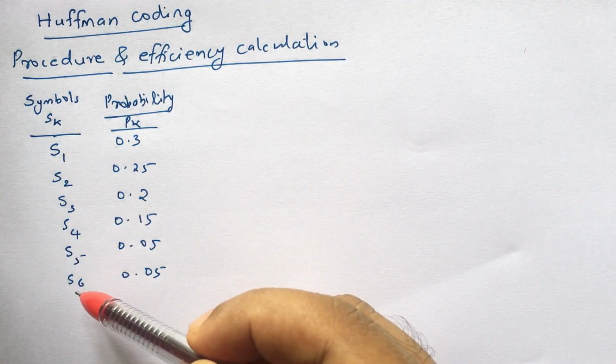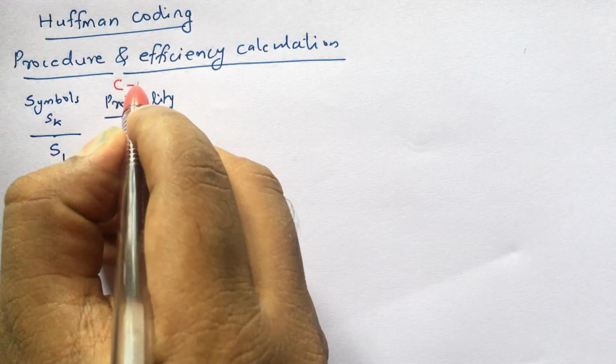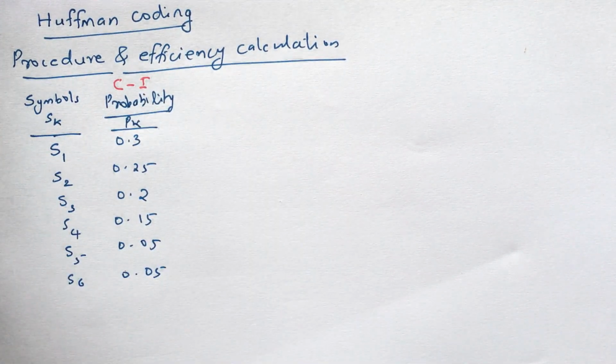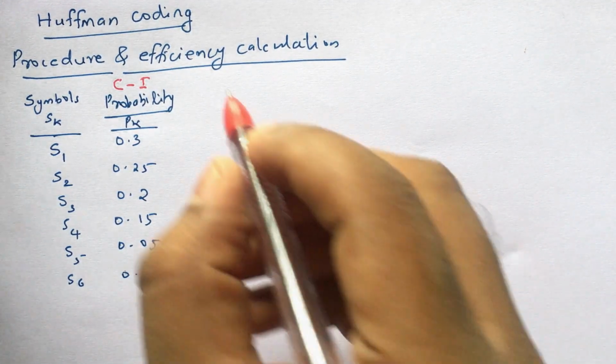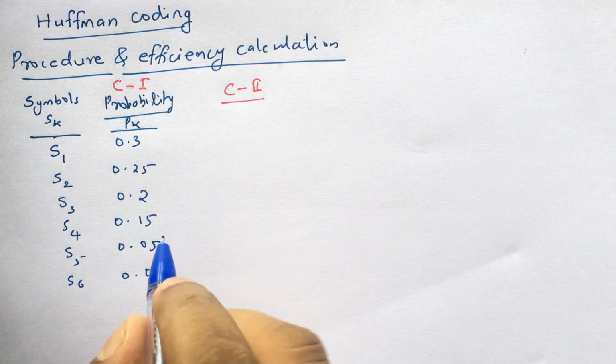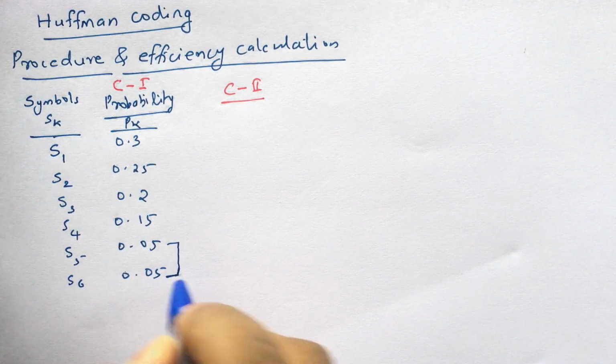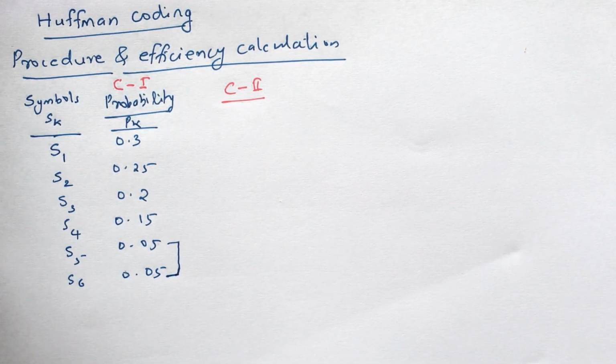S1, S2, S3 and S4, and this set generates column 1. In the next step, I need to generate column 2. For creating column number 2, we need to combine the 2 least probable symbols. Those will be the last symbols in the column, because the symbols are arranged in the decreasing order of their probability.